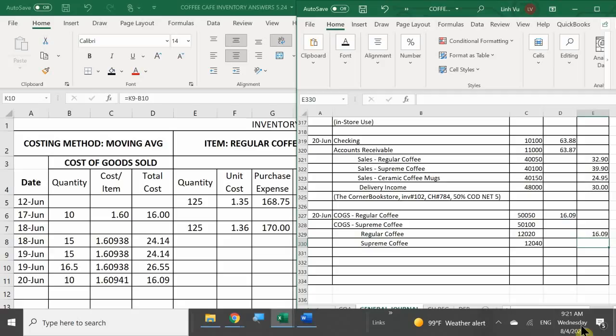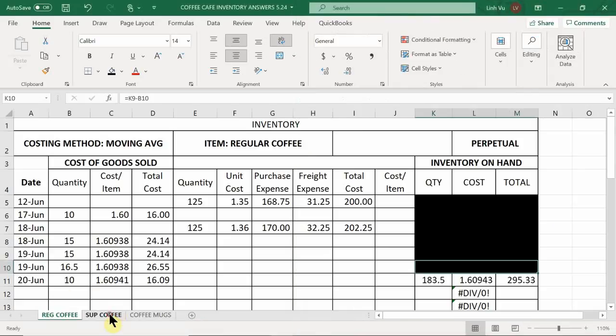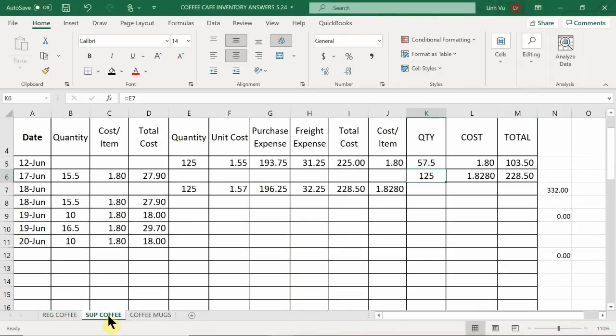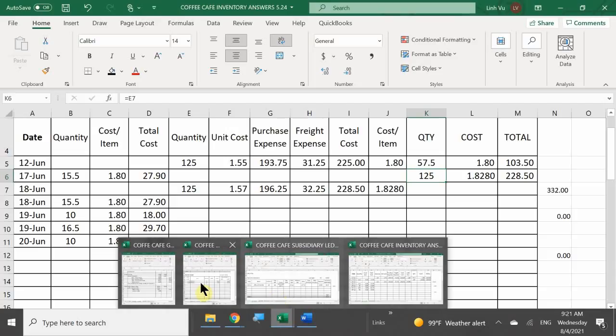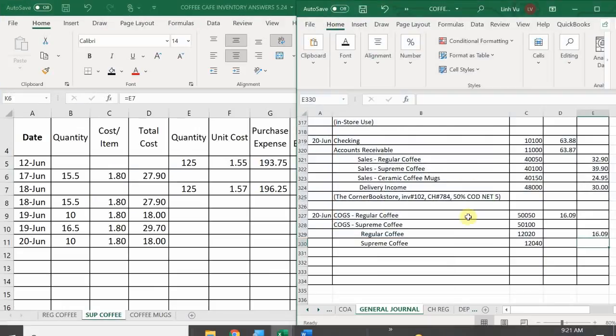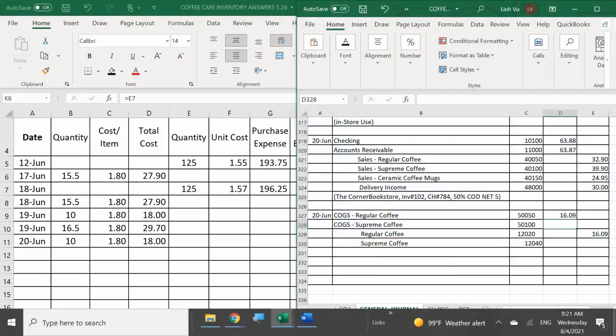How much did it cost you to sell 10 pounds of your Supreme coffee? $18. Good. So now my journal is complete because I've calculated my cost of goods sold and journalized it.